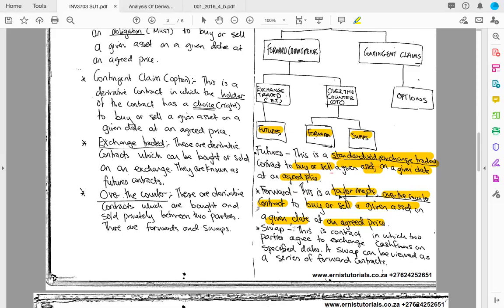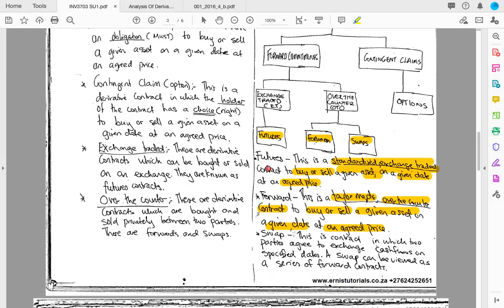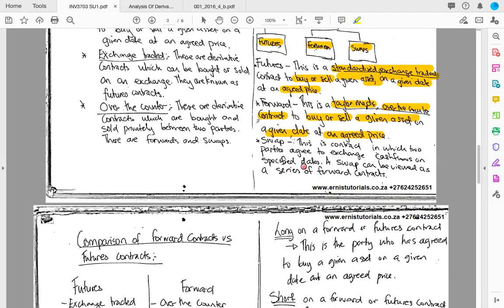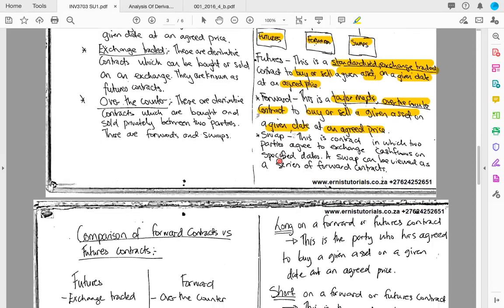You're not going to the exchange, you're making a private agreement. So we're going to look a lot at these futures and forwards and how to actually calculate the strike price that you agree to buy or sell it in the future for a futures contract and a forward contract, and also how to get the values associated with these contracts at different time intervals.